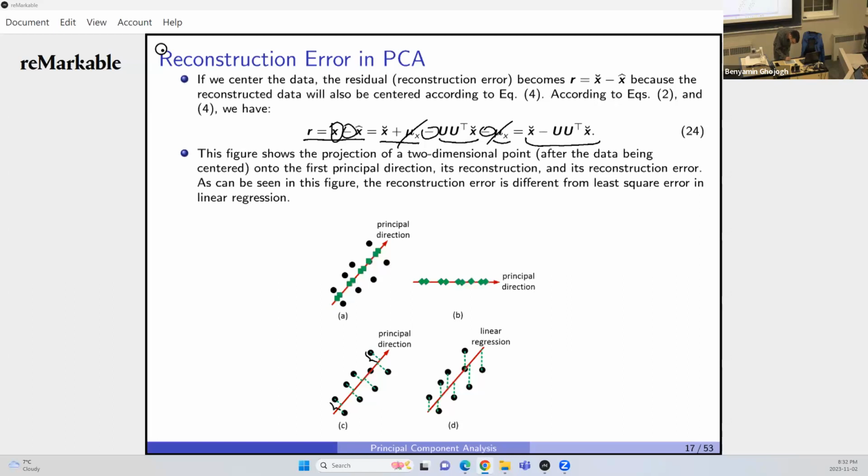These are the reconstruction errors. Do you agree? But now assume I want to fit a line like in linear regression to these points. Then what were the mean squared errors in linear regression? It's like this. Do you see the difference? The reconstruction error is perpendicular. But the mean squared errors in linear regression are not necessarily perpendicular, right? That's another thing.